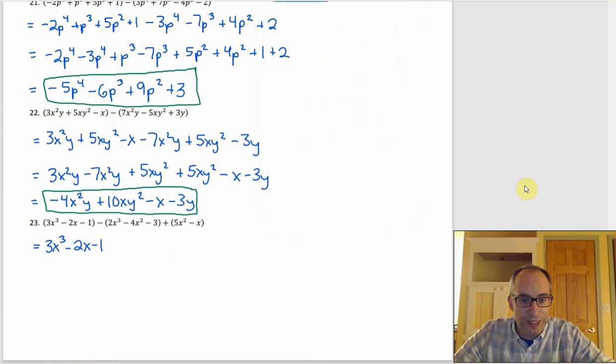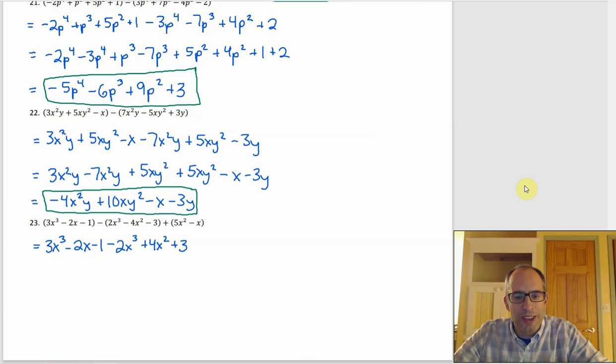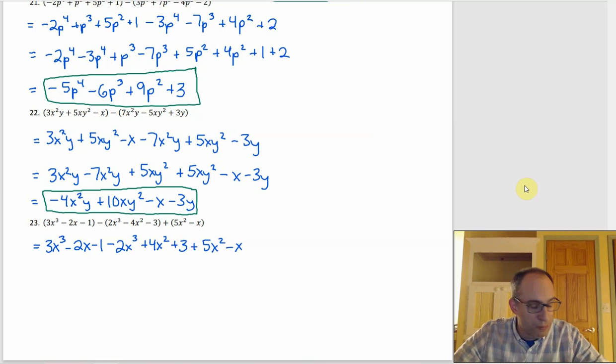But then we're subtracting here, so we got to distribute that negative. So minus 2x cubed, then plus 4x squared, and then minus negative 3 is plus 3. And then we're just adding this one, so we can just put that right in there without parentheses, plus 5x squared minus x. And now we're going to combine terms together.